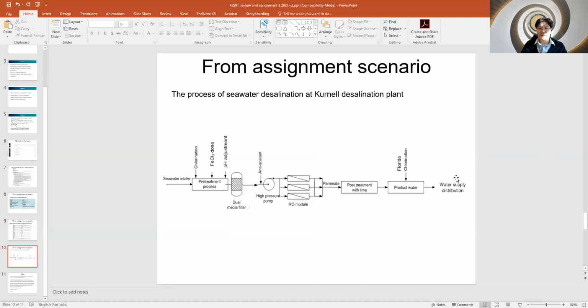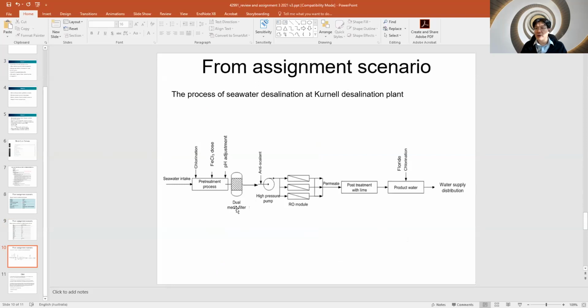And this is the process we provided you in the scenario. This is the Sydney desalination plant, and you can use it as it is, or you can change this part: dual media filtration, changing to ultrafiltration, and design one by one.